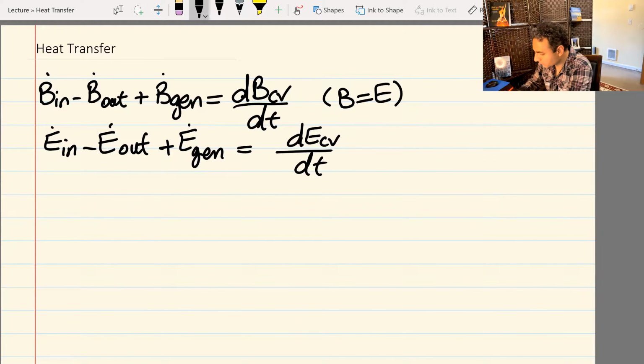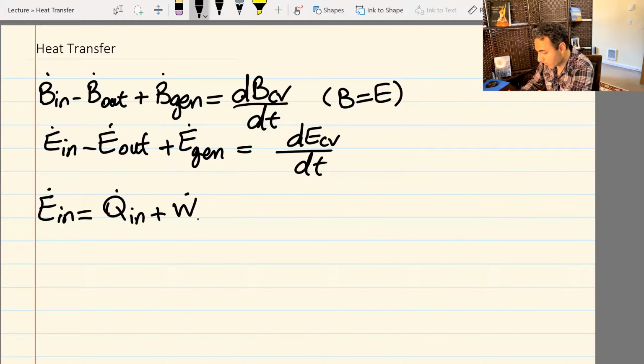Cool. So what is E dot in? We said it could be Q dot in, could be work, power in. This equation is in terms of watts, by the way, because it's E dot. It's not joules. All right, what else do we have?